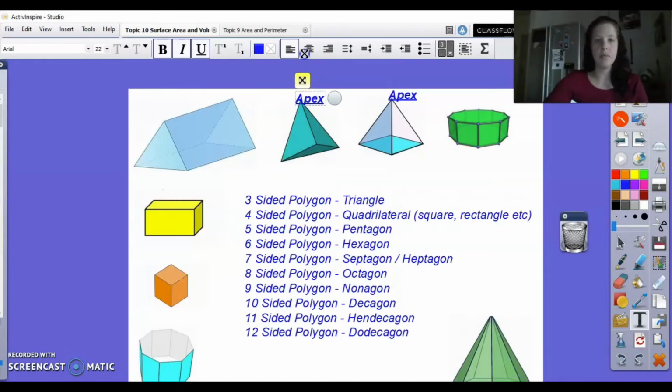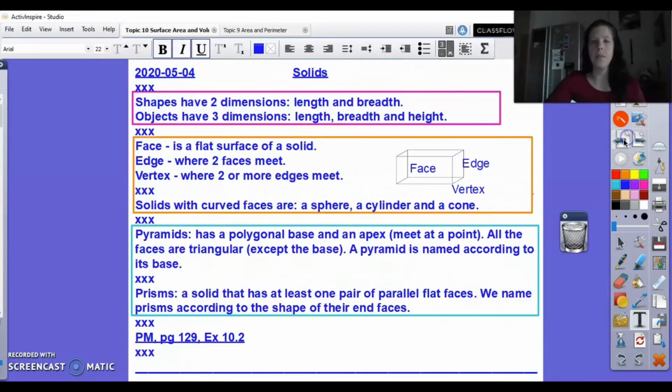Top, okay, and the base is a triangular based pyramid. Okay, so we always look at the base of our pyramid when we need to name our pyramids.